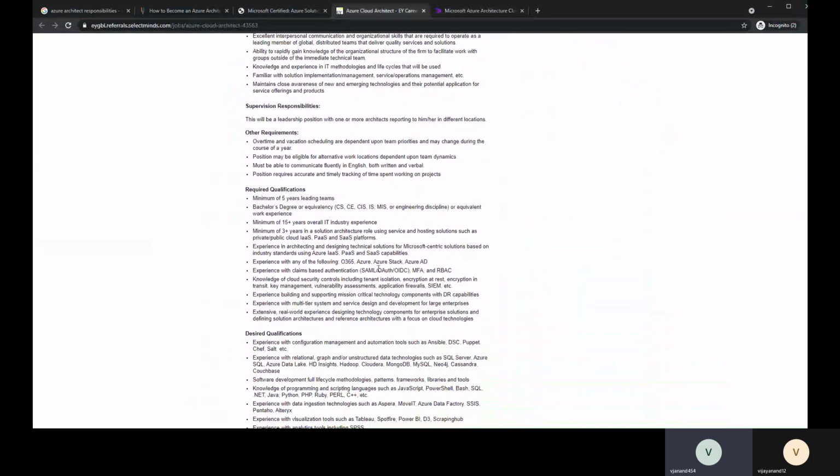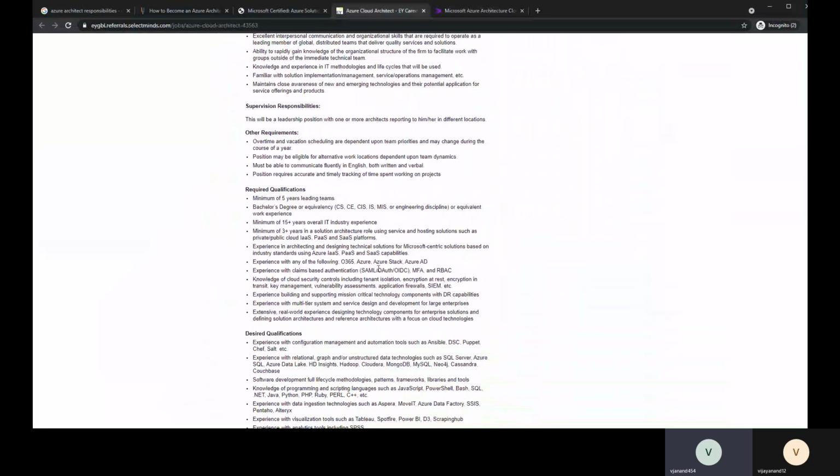Required qualifications: minimum of 5 years leading teams, bachelor's degree or equivalent, minimum of 15 plus years in a solution architect role, using service and hosting solutions such as private or public cloud, IaaS, PaaS, or SaaS platforms.